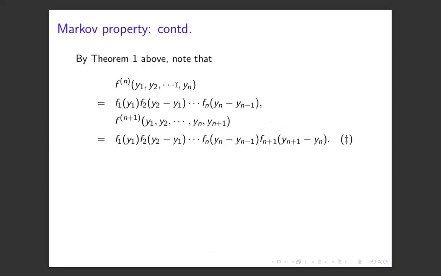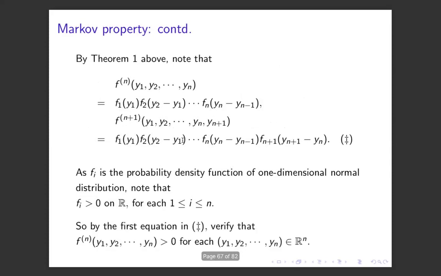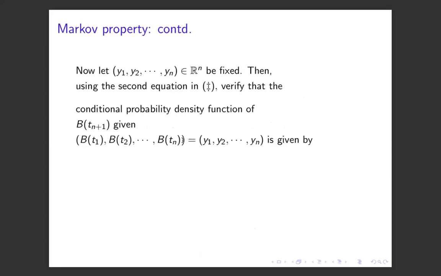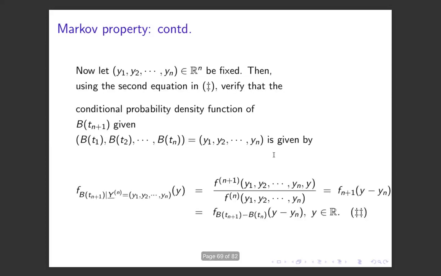By yesterday's theorem, we get f super n equal to this and f super n plus 1 equal to this, and each of these fi's is strictly positive. Consequently, f super n at any y1, y2, ..., yn is strictly positive. Using that information, we want to find the conditional probability density function of Btn plus 1 given Bt1, Bt2, ..., Btn equal to some vector. And that is precisely this.